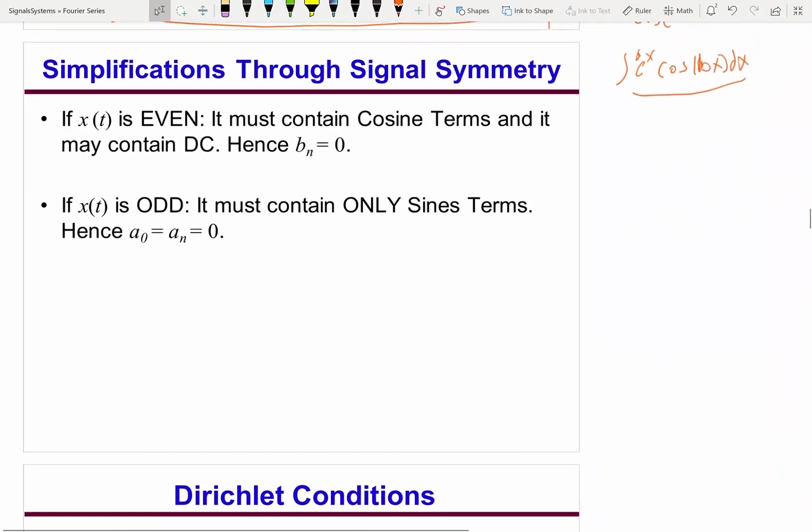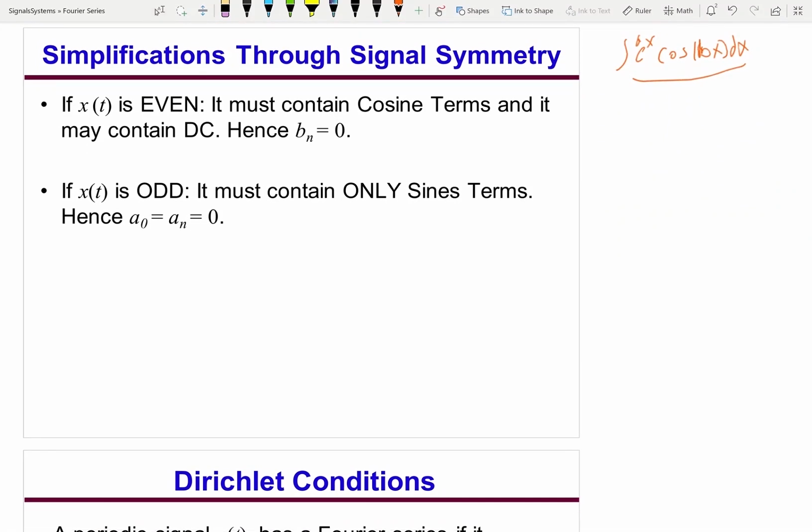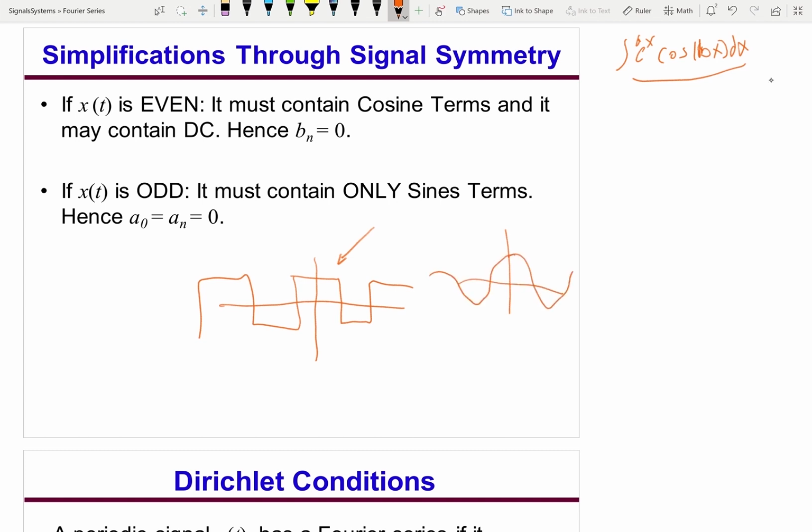Now, when you calculate an and bn, there is some trick you can use to find them without carrying out a lot of integration. For example, if the signal is periodic like this, then definitely it will have only cosine functions, because a cosine function is an even function. It won't have a sine function because a sine function is an odd function.